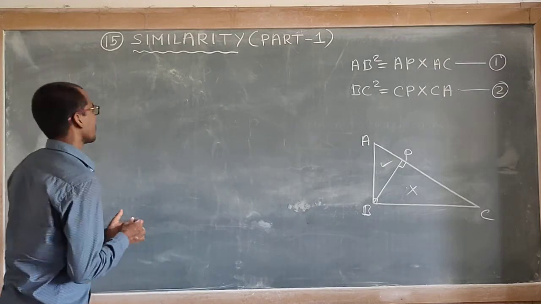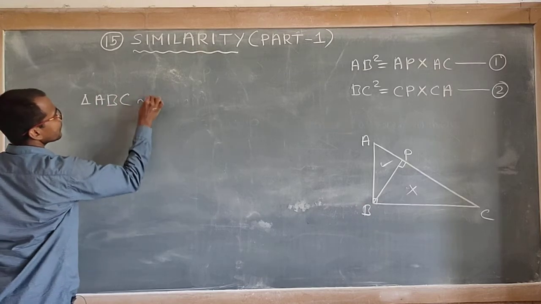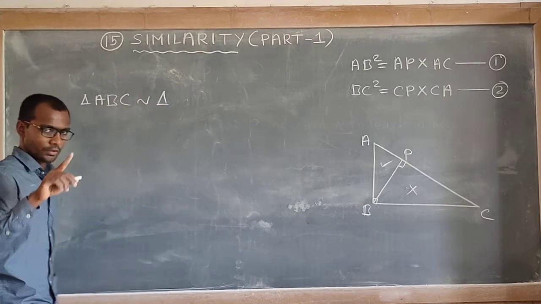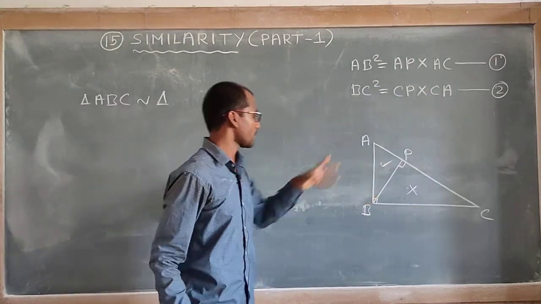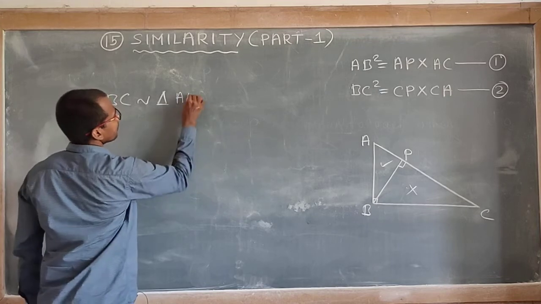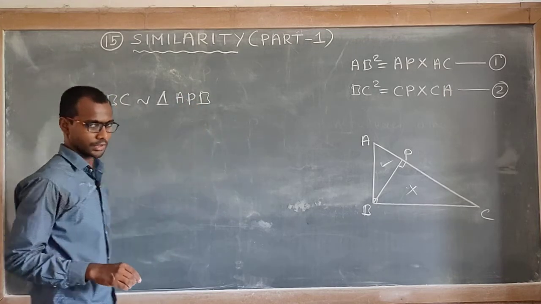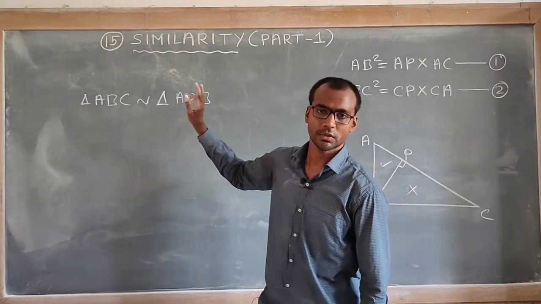So how to find the order? The first order, from which we got equation 1, was triangle ABC is similar to triangle APB. I told you we will need this later.